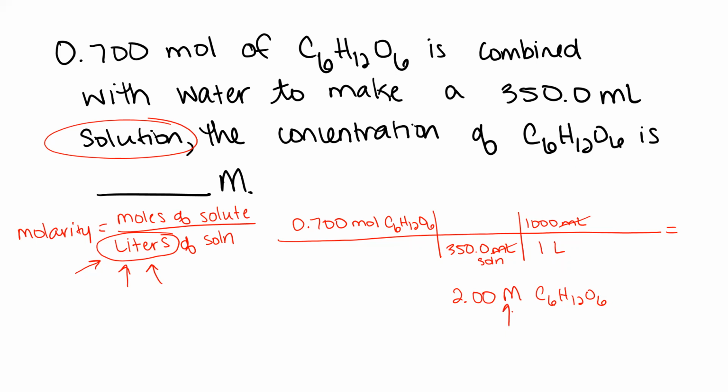And this molar right here, big M, equals mole per liter. Anytime you see that, it's an abbreviation for moles per liter. It's just molar. And we kept in mind that we started with 0.700 mole, which has 3 significant digits, so our final answer has 3 significant digits.